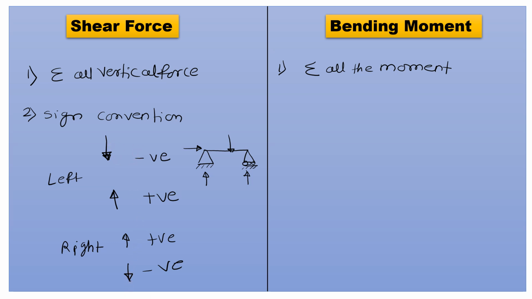The next is the sign convention for bending moment. This is the same beam. If you calculate the moment from the right side, take this as positive, and this as negative.